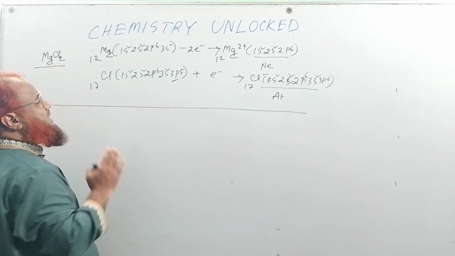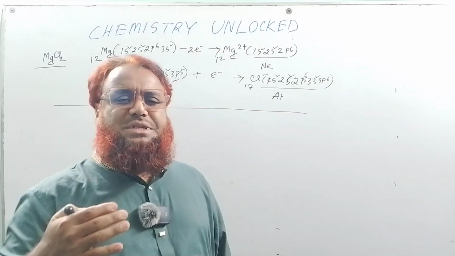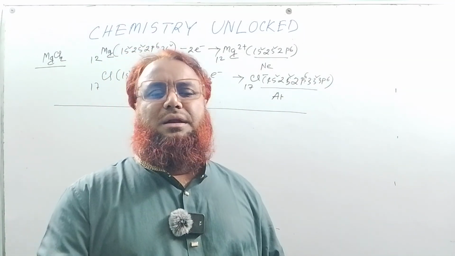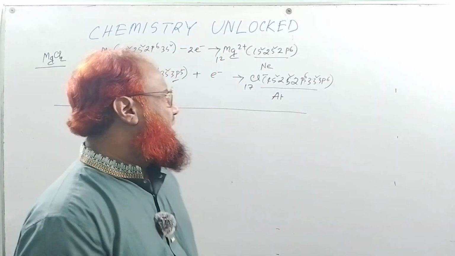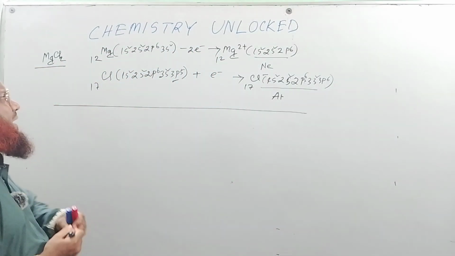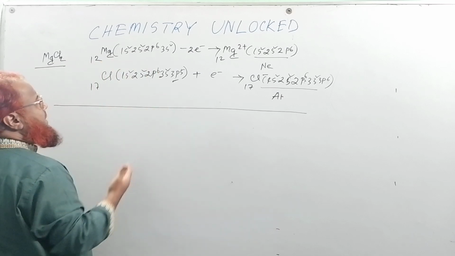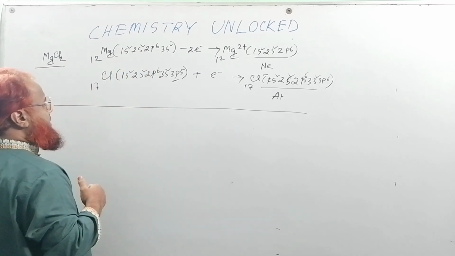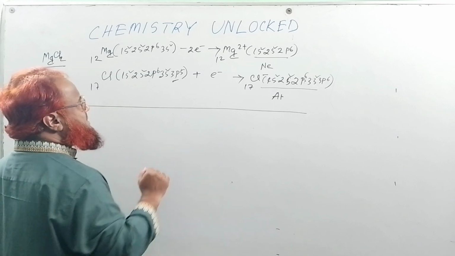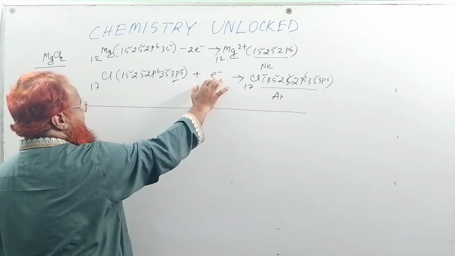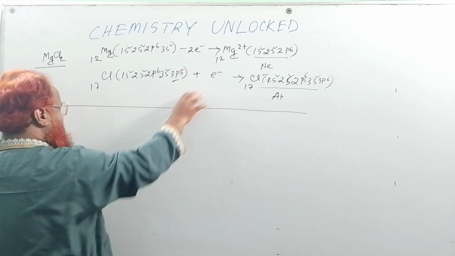But the electron donation number and electron receiving number between the metals and non-metals must be equal. So we have to multiply the atom number in an ionic compound by suitable values to balance electron donation and electron receiving. So here electron donation is 2 but receiving is 1.